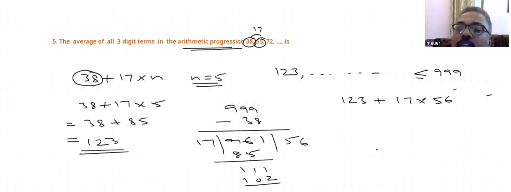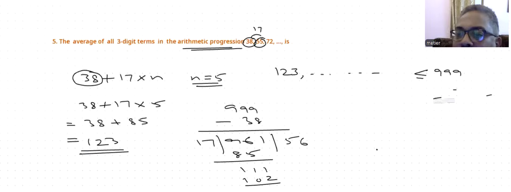123 plus 17 into 56 will be the last term. Right? Or if you don't want to go with the term, you can easily go with this. When we can add 56 times 17, we are having 57 numbers. The number of terms here will be 57, starting with 123.